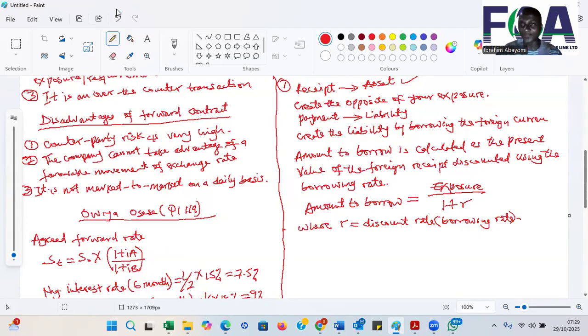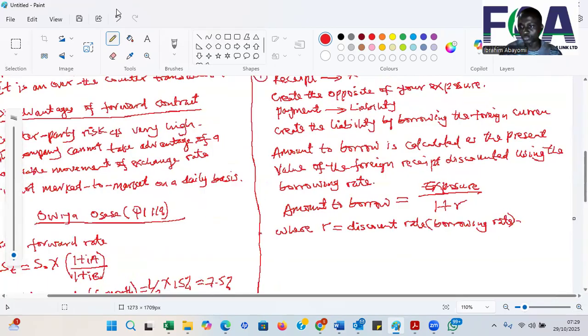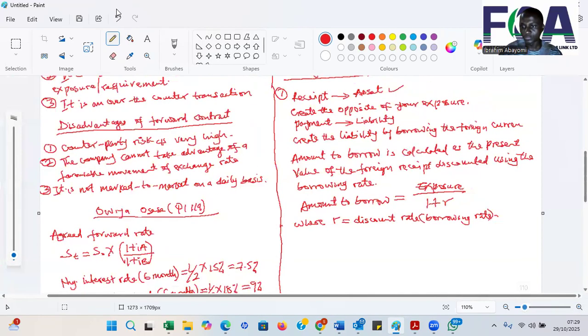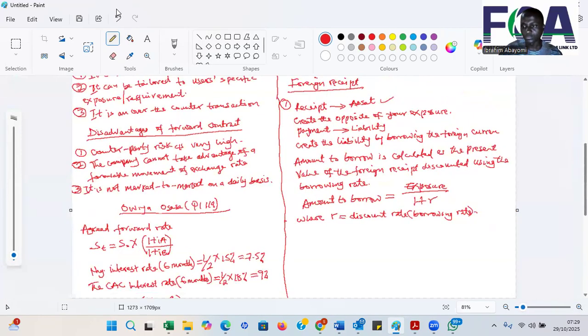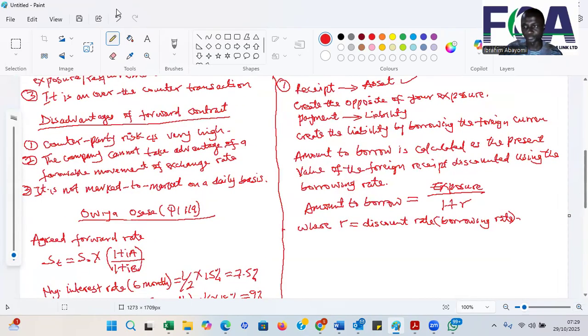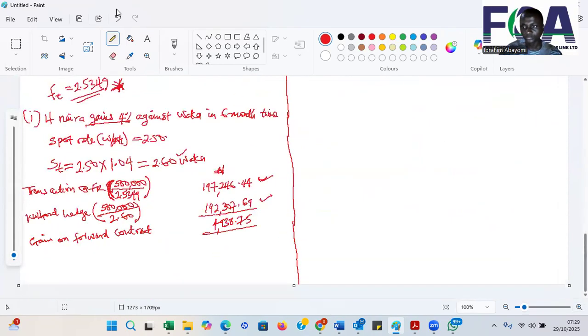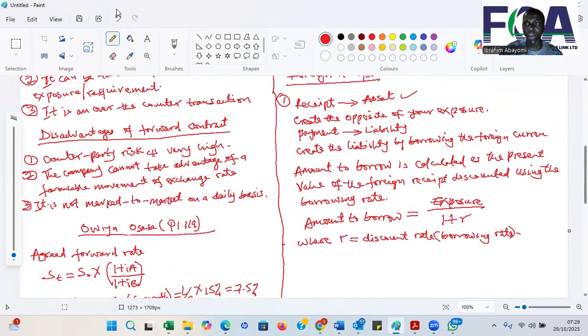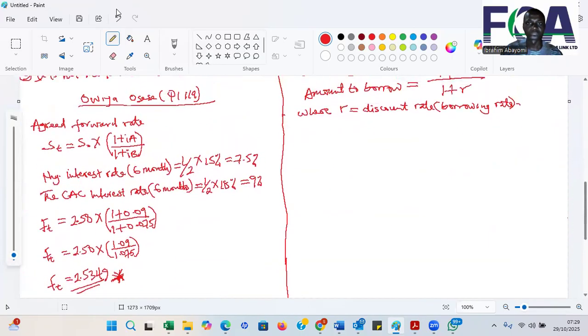Now, having gotten the amount you need to borrow, go to step 2.